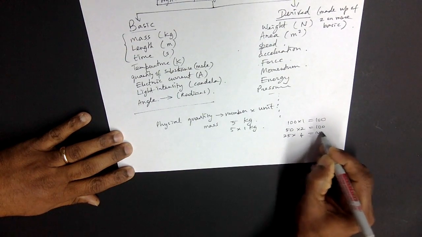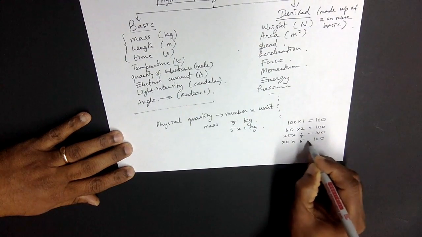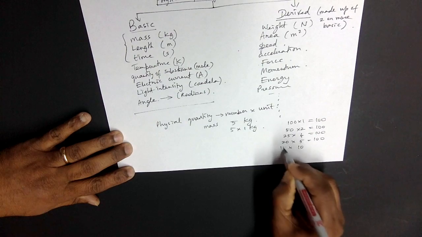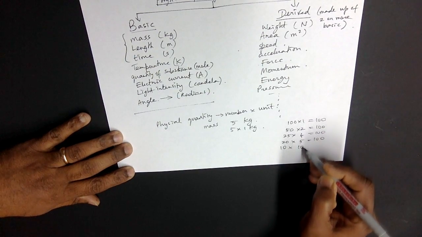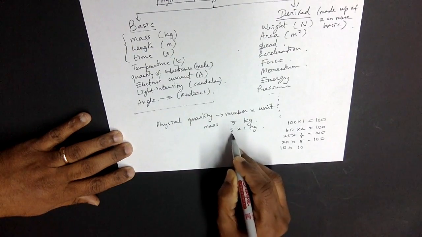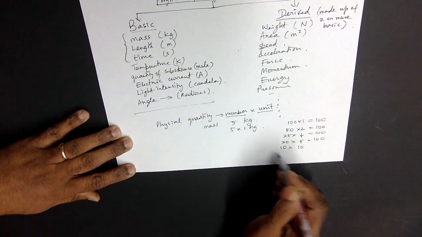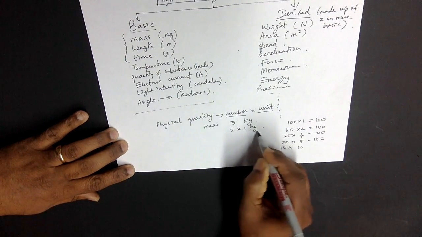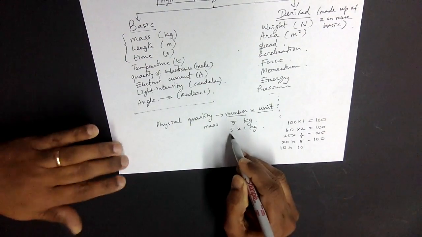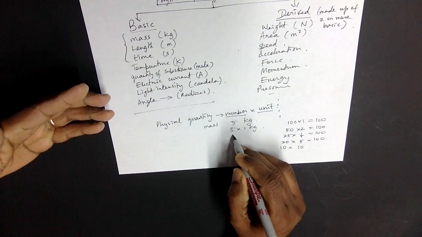If you make it a 5, it goes to 20. And if you make it a 10, that goes to 10. So you can see as this goes increasing, this goes decreasing. It's inversely proportional. So the number and the unit are inversely proportional. Keep that in mind. So when the unit goes bigger, the number has to go smaller. When the unit goes smaller, the number has to go bigger.